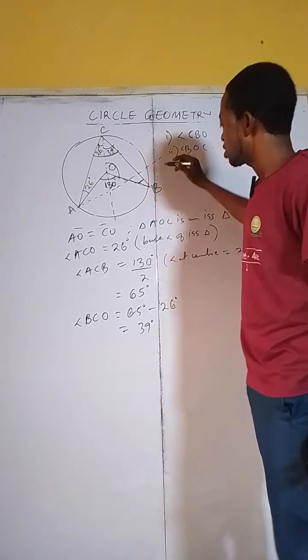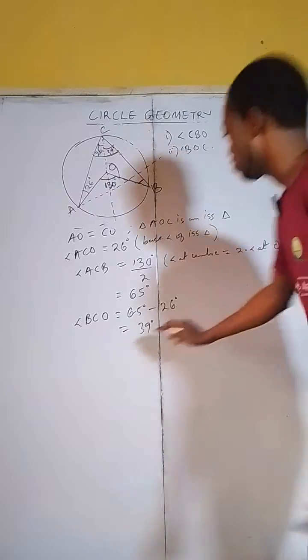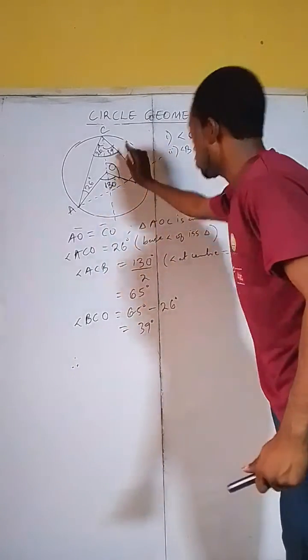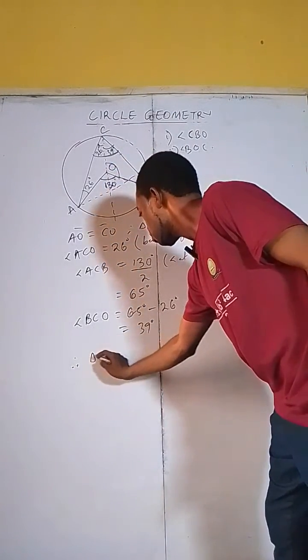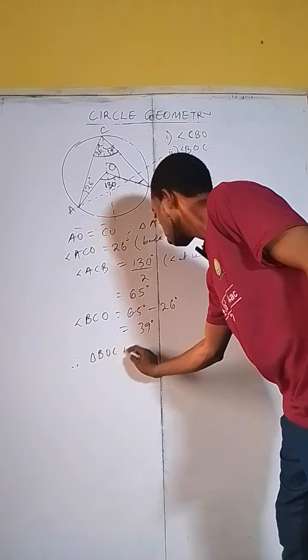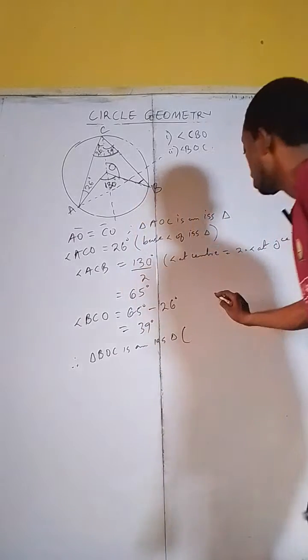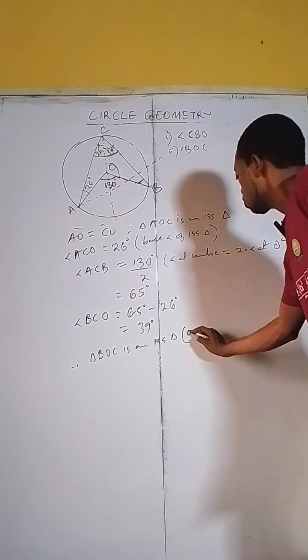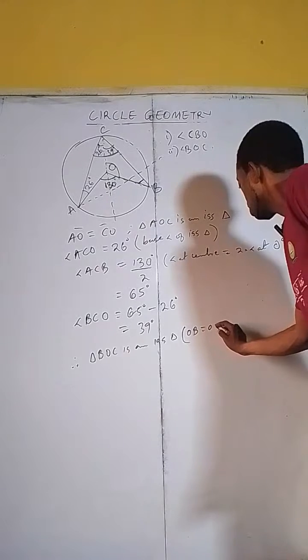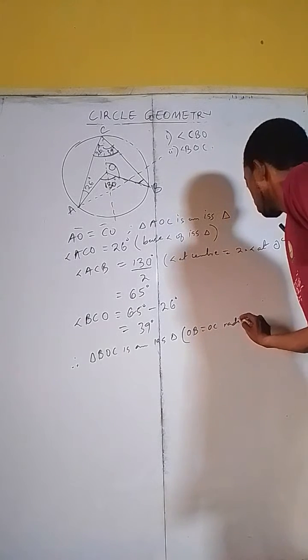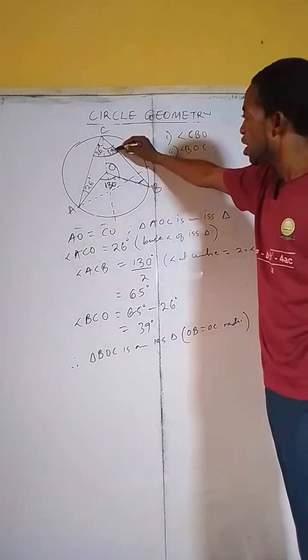Okay, and also triangle BOC is an isosceles triangle. Two sides are equal. OB is equal to OC. They are radii, that's the reason why they are isosceles. And here, base angles will be equal as well.